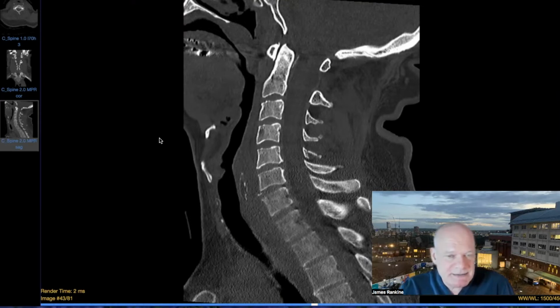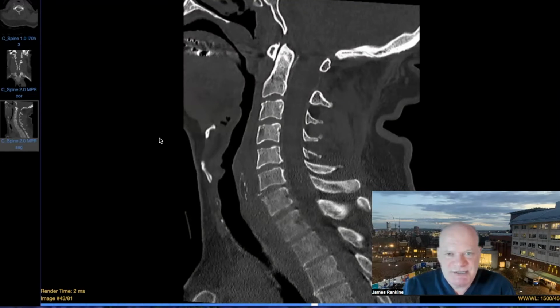Now, as a basic rule, a hyperextension injury is a ligamentous avulsion, and just as with ligamentous avulsions anywhere else in the body, they tend to be very small fragments of bone.